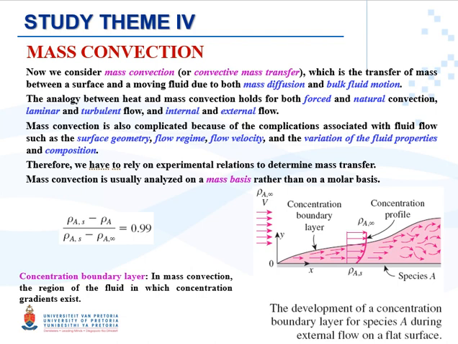Mass convection, or convective mass transfer, basically is the transfer of mass between a surface and a moving fluid due to both mass diffusion and the bulk fluid motion. So if you remember from heat convection as well, the bulk fluid motion was playing a critical role there. It's the same as here.